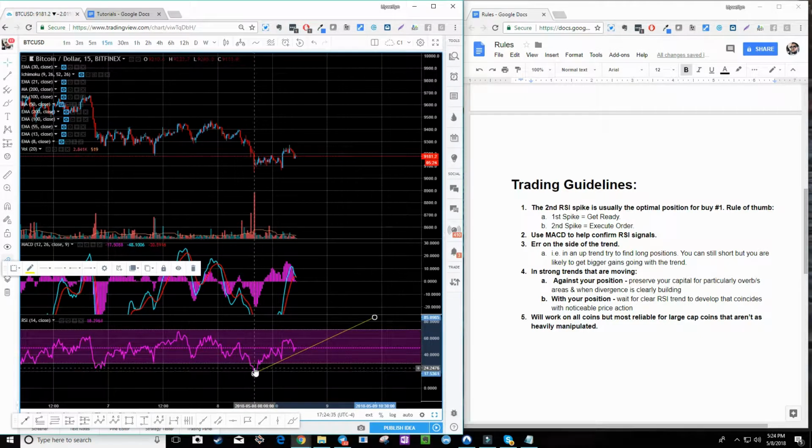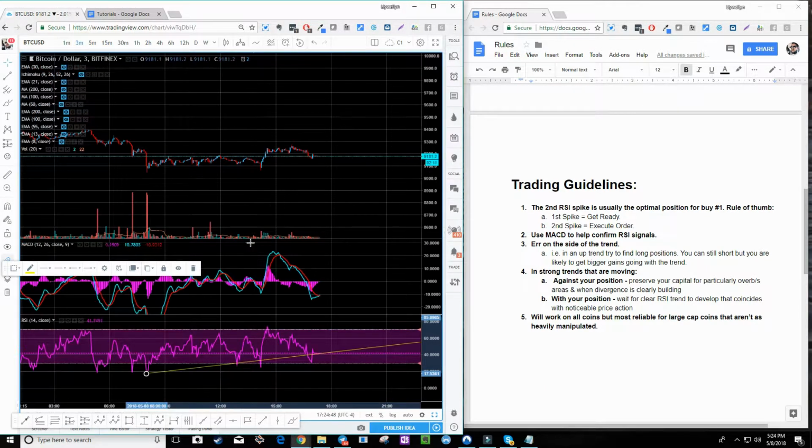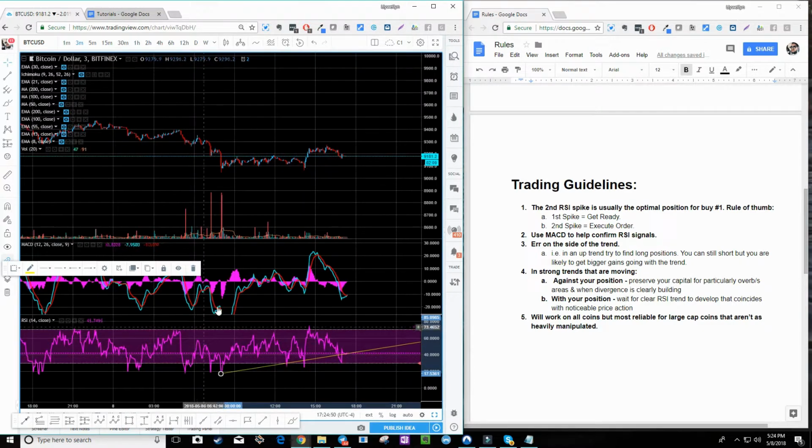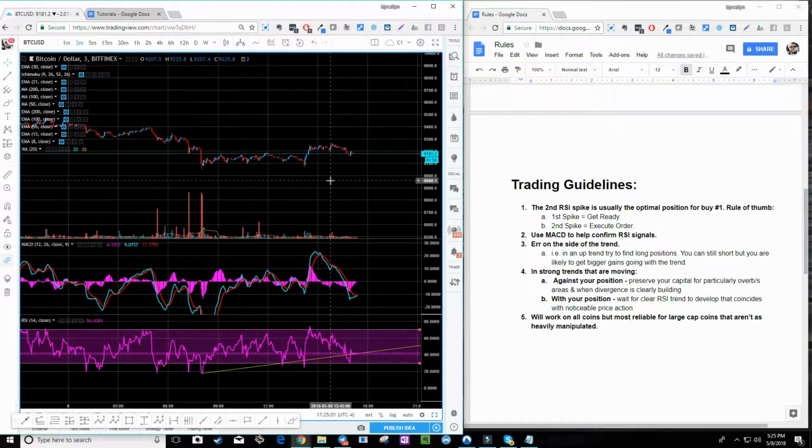So if you opened a long position here, you could still be in this long position. Maybe it bounces off of this RSI support and continues up a little more. Whereas if you were just doing this on the 3-minute, you probably would have already closed it by now, but you also could have re-entered it a few times as well. This gets into more of the nuances, but it's just something to keep in mind.